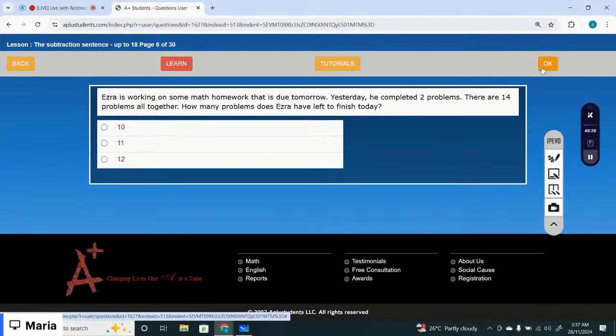Ezra is working on some math homework that is due tomorrow. Yesterday, he completed two problems. There are 14 problems altogether. How many problems does Ezra have left to finish today? So the total problems were 14.